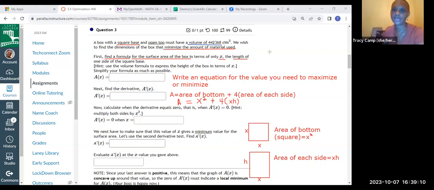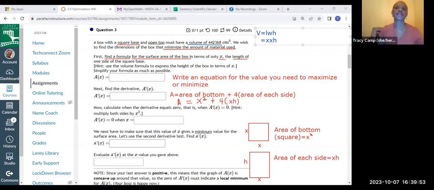442,368 cubic centimeters. And for this, we're going to use the formula for volume, which is volume equals length times width times height. Now, since we know the base of our box is a square, we know the length and the width are X and X. And then the height of our box we'll just call H, which I already called the height.